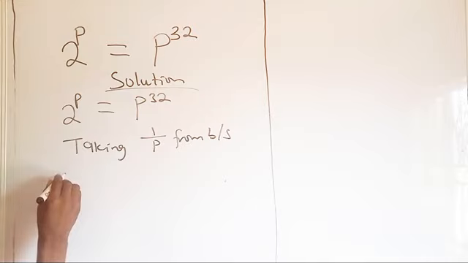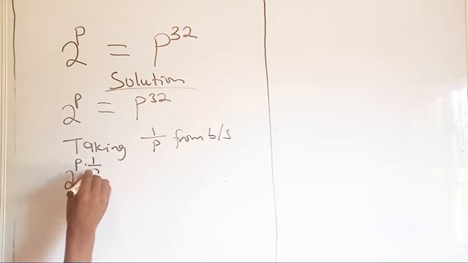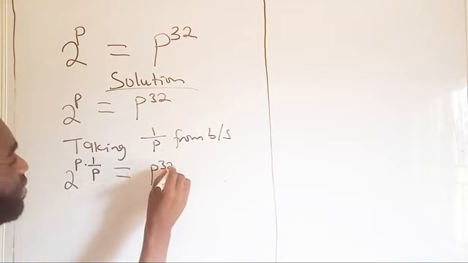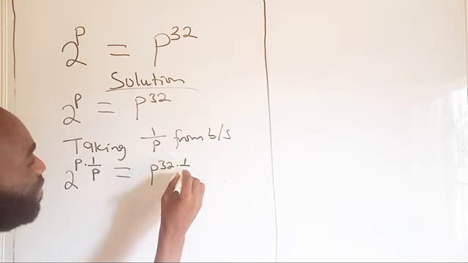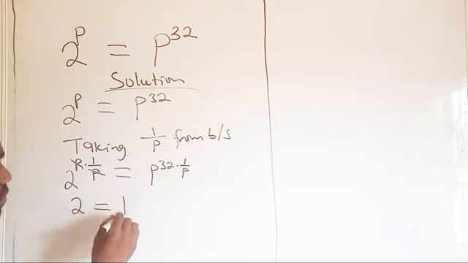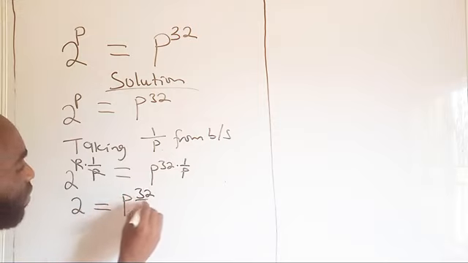So that gives us 2p multiplied by 1 all over p is equal to p raised to the power of 30 multiplied by 1 all over p. So p will take care of p. You have 2 is equal to p raised to the power of 32 all over p.